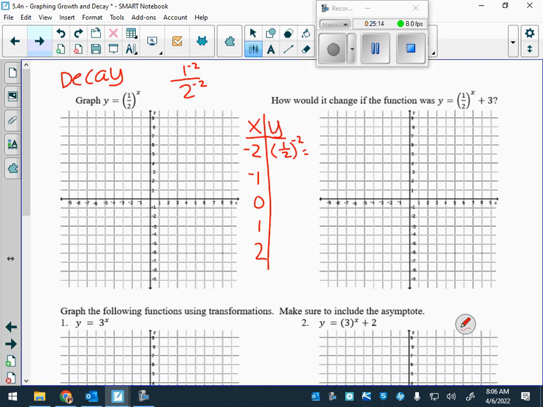So when you have 1/2 to the negative second, the negative second has to go to the numerator and the denominator. But can we have negative exponents? No. So therefore, since the top has a negative exponent, where does that go? To the bottom. Okay, so we have 1 squared. Since the bottom has a negative exponent, where does it go? To the top. What is 2 squared? What's 1 squared? 1. So we end up with 4.